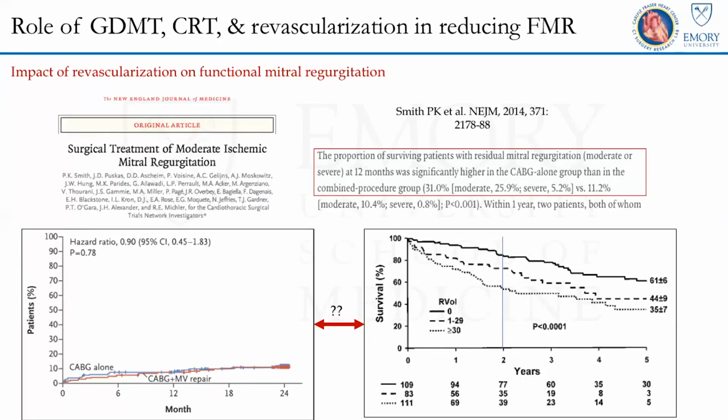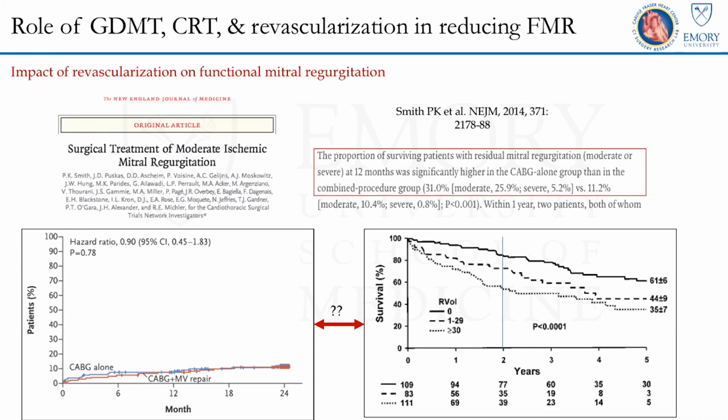In the past decade, these studies comparing coronary artery bypass grafting with and without mitral repair were performed in the United States as well, funded by the NIH Cardiothoracic Surgery Network trial. And what they compared and found is a similar result, that patients undergoing coronary artery bypass grafting alone had either persistent moderate regurgitation, or some of them actually developed severe mitral regurgitation over a 12-month period.